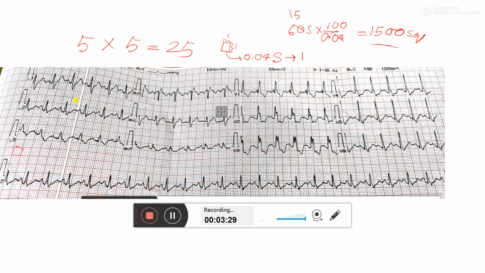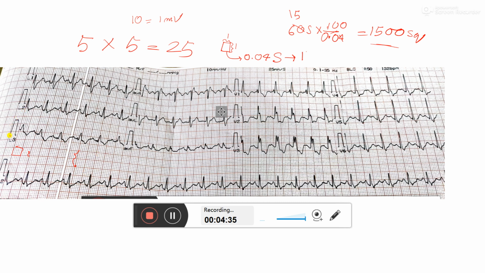And this vertical axis indicates the voltage. 10 small squares equal 1 millivolt.